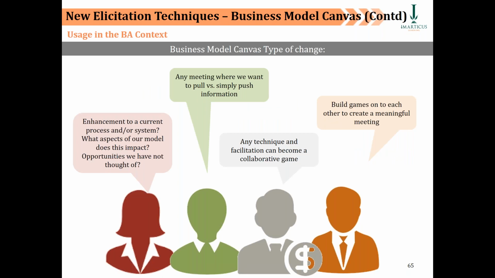So see, if you use business canvas model in such a scenario, what do you get basically? You get answers to the questions whether enhancements to a current process or a system, are they planning to do some enhancement to their current systems? What aspect of your business canvas model will get impacted? It will tell you what kind of opportunities you have not even thought of.